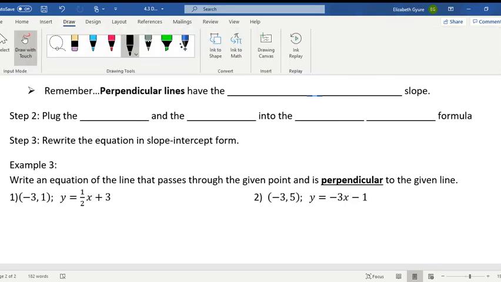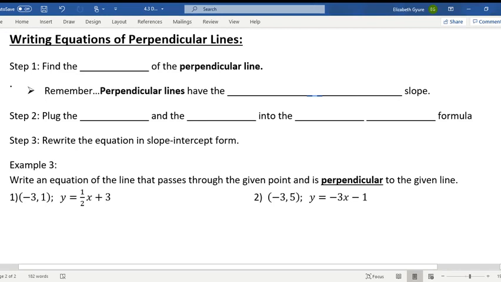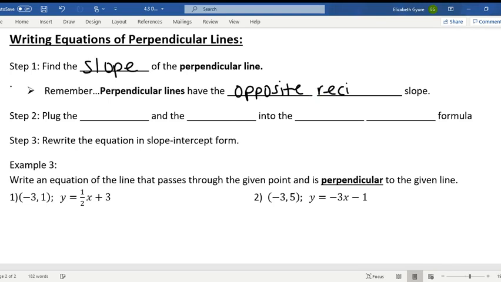All right. So, writing equations of perpendicular lines. This is very similar to what we did yesterday. First, we are going to find the slope of the perpendicular line. Remember, perpendicular lines have opposite reciprocal slopes.